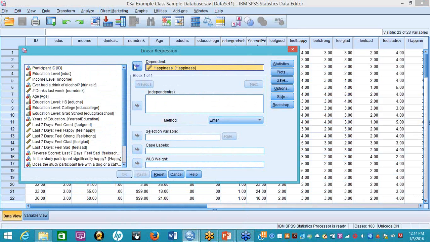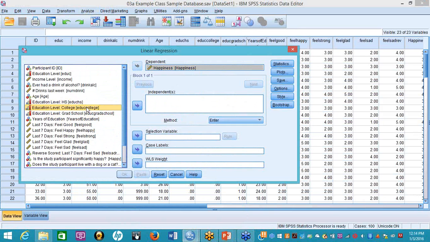Now, here's what I was talking about when I say we have to leave out one of the dummy coded education levels. Education level high school, we won't put in the regression model. That'll become the reference group. So it'll essentially become an analysis saying if college and graduate school are significantly more happy than the reference group high school.